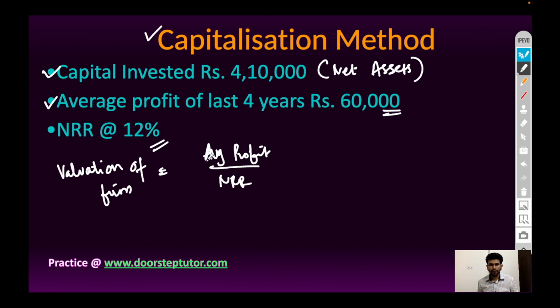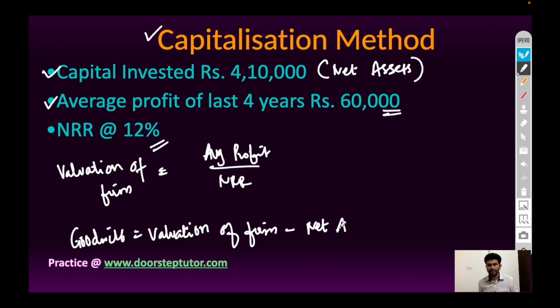And then we will deduct net asset from valuation of firm to get amount of goodwill. So goodwill will be equal to valuation of firm minus net asset, that is capital employed.